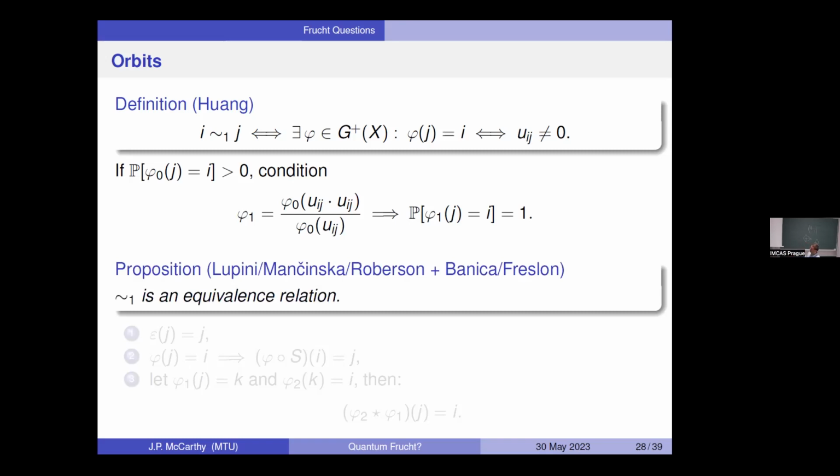So it's just the orbits that we would know classically. And this is, in fact, an equivalence relation. This was proved by two groups at the same time. And here's a proof using states. So the co-unit, which is, to all intents and purposes, just the trivial automorphism, fixes every vertex. That means J is related to J. Here you see the reverse.